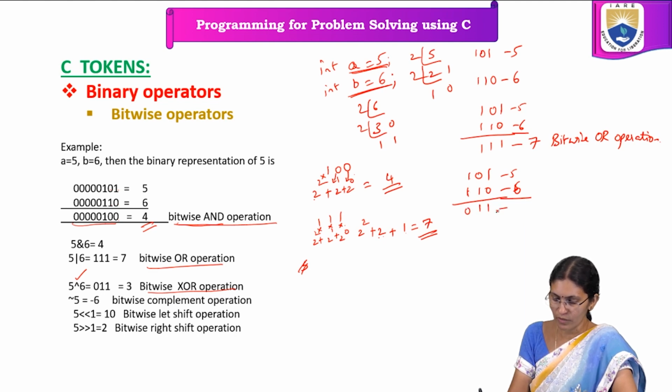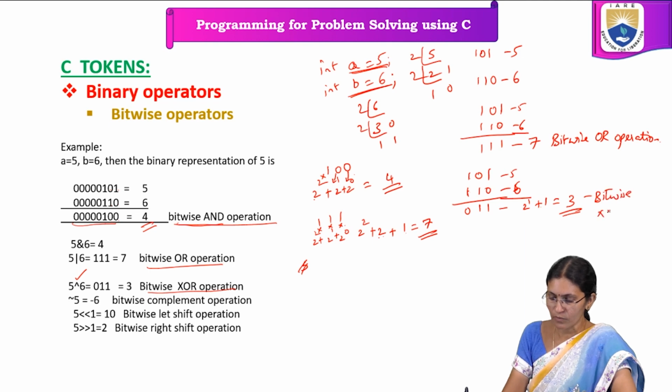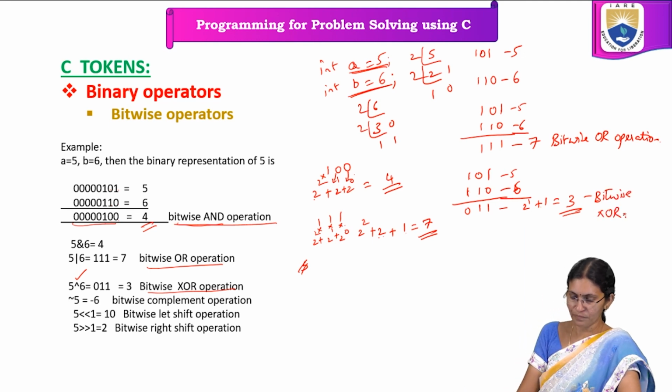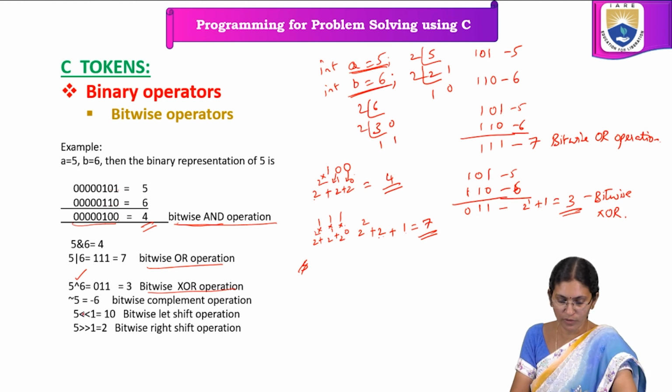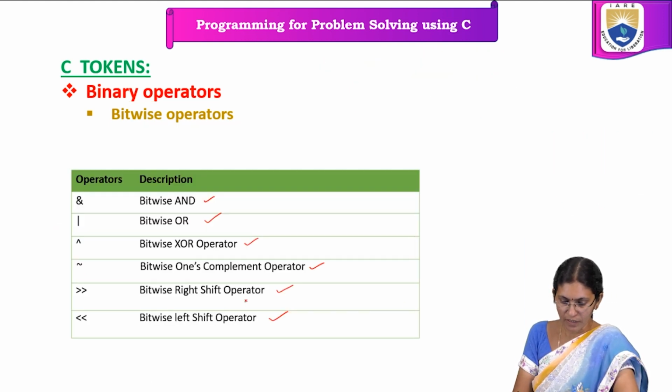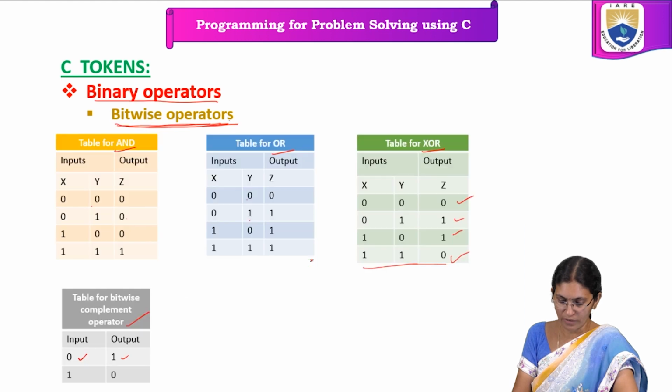The remaining are all 1. So this is 2 power 0, that means 1, plus 2, which gives 3. So this is the bitwise exclusive OR operation.